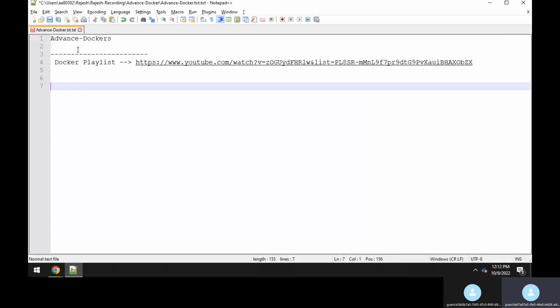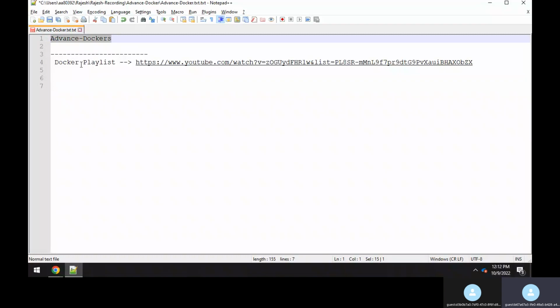There are many other things we will cover, like how to check security on Docker, or how exactly Docker works in a cloud environment, like in AWS, Azure or GCP. So this would be a pretty interesting series.